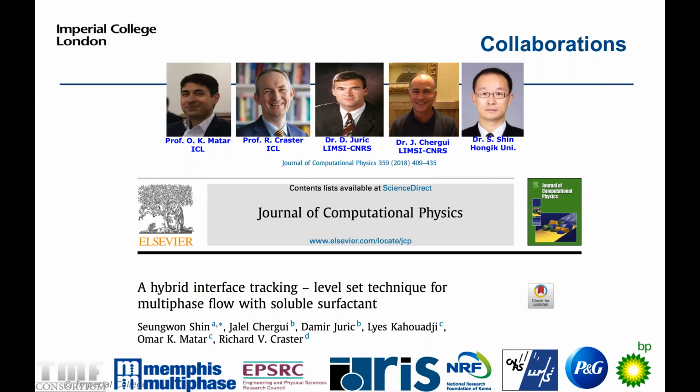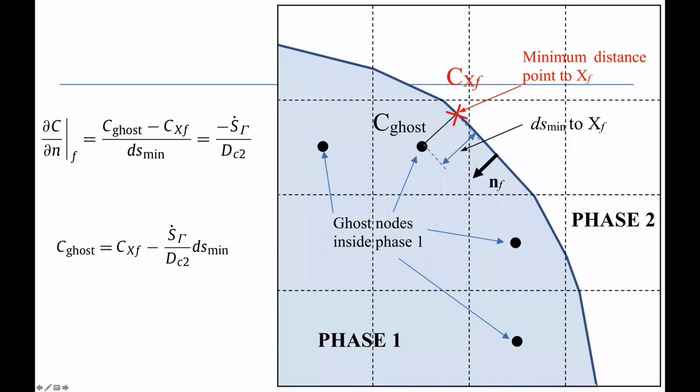You have to say, okay, when the neck is thin enough, then there is a pinch-off. So you need to set up some numerical criteria: this is a pinch-off, this is a coalescence.